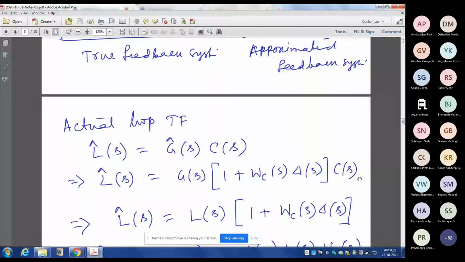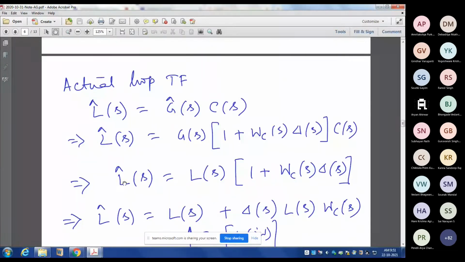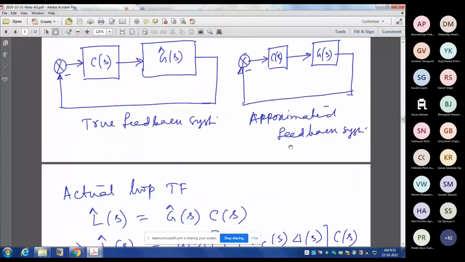Okay. So then L hat(s) you can write like this, because G(s) into C(s) is your L(s), that is the nominal loop transfer function, that means the loop transfer function of this approximated feedback system.